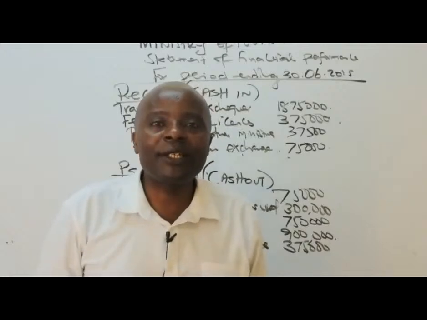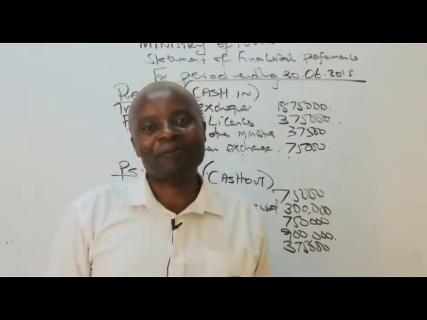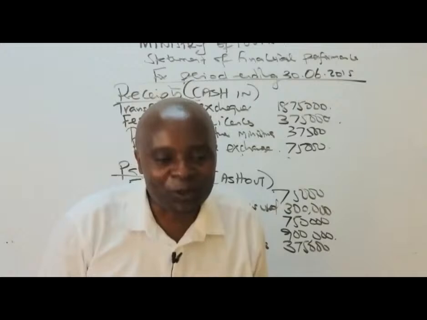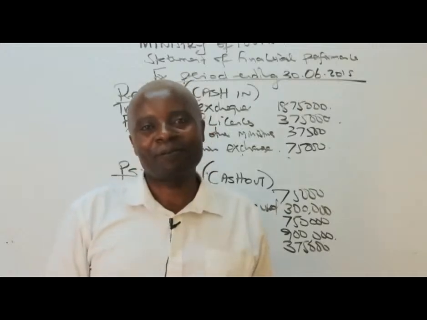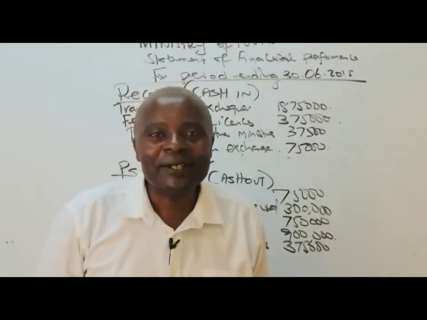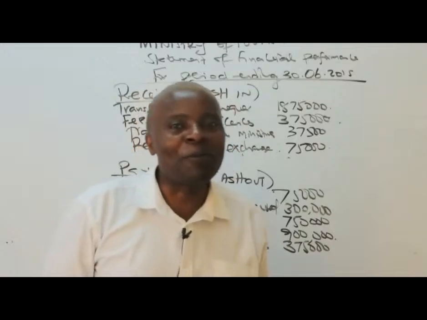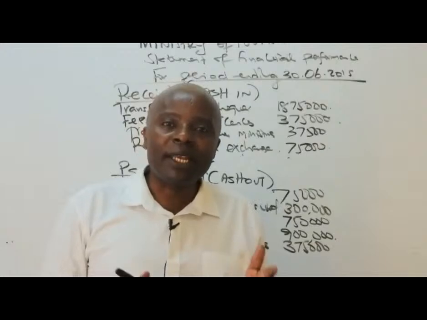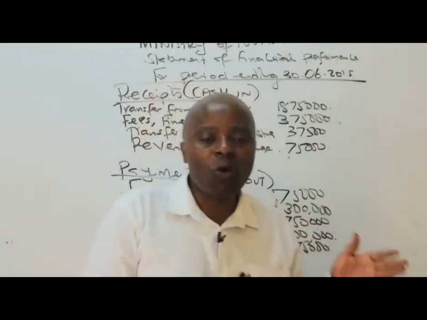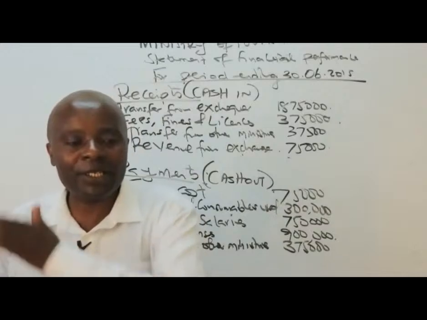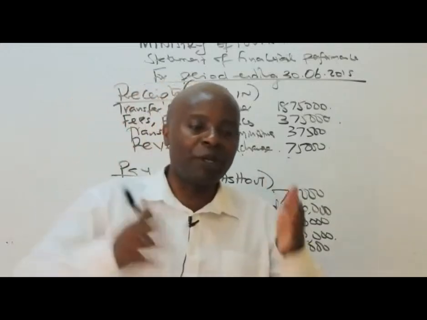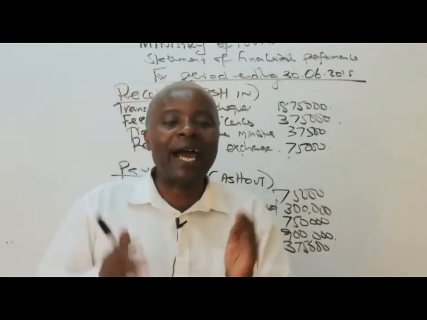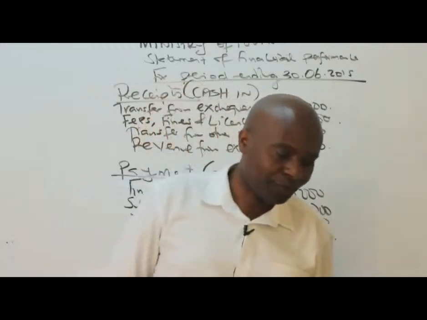These are basically the donations we are getting, the fines we are imposing on people out there. They give us money, and yet we haven't offered any service in return. That will be called revenue from non-exchange.